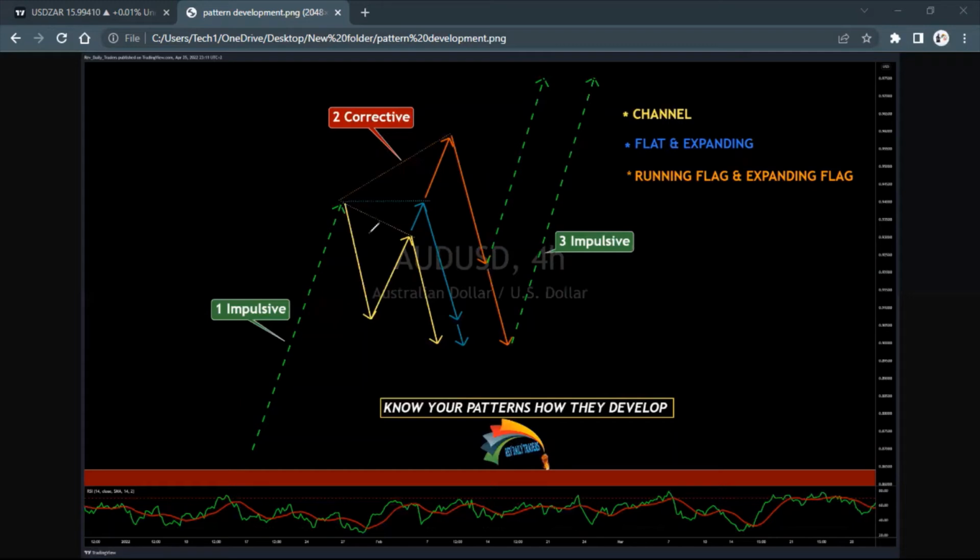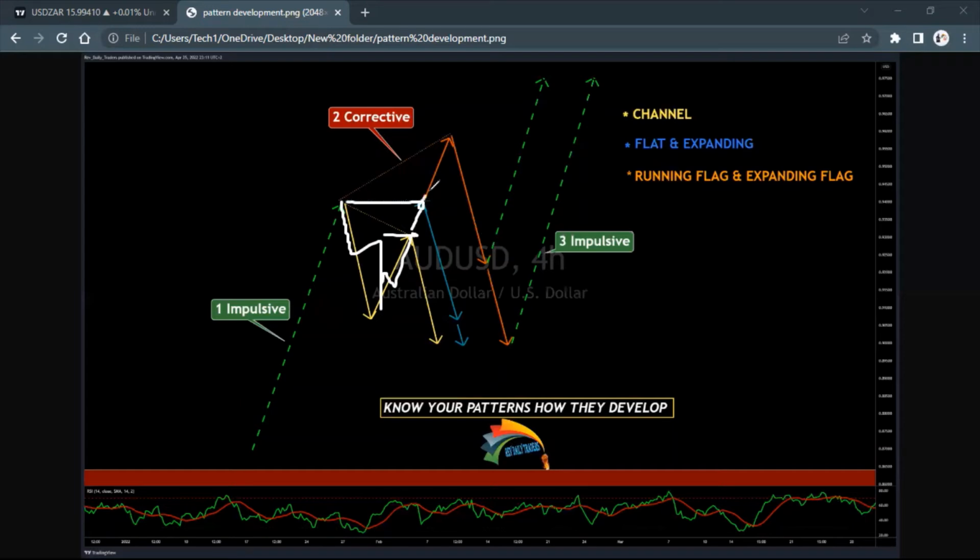Right. Remember, you'll wait for this 1 2 3, 1 2 3. Then if it's not going to give you a channel reversal from a 50% of this one, you'll wait for a test from this roof.